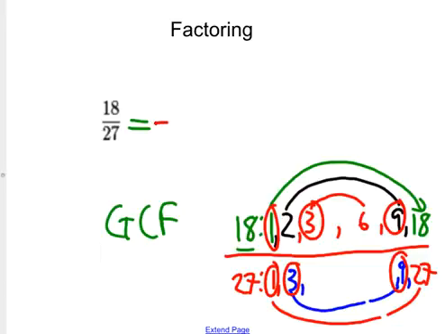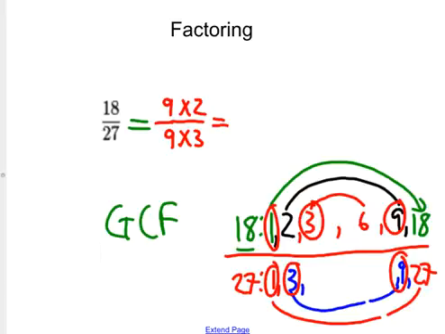But what I want you to understand is that you can see why you're dividing by 9 and 9 if you can decompose these numbers. So 18 is actually equal to 9 times 2, and 27 is actually equal to 9 times 3. What I've done is decomposed. I'm going to show you why dividing top and bottom by 9 actually works.